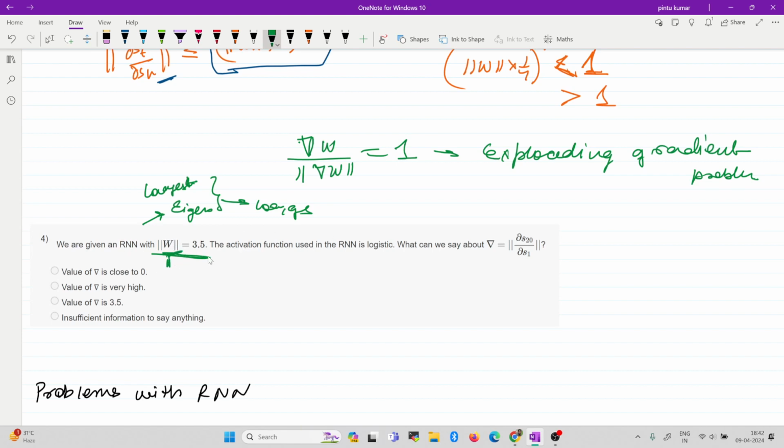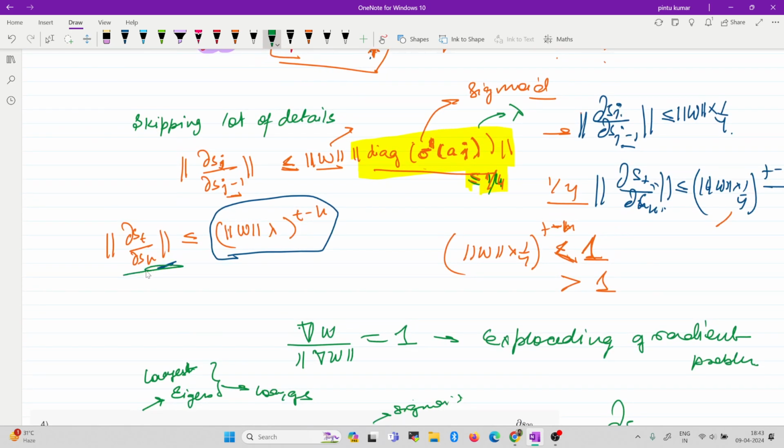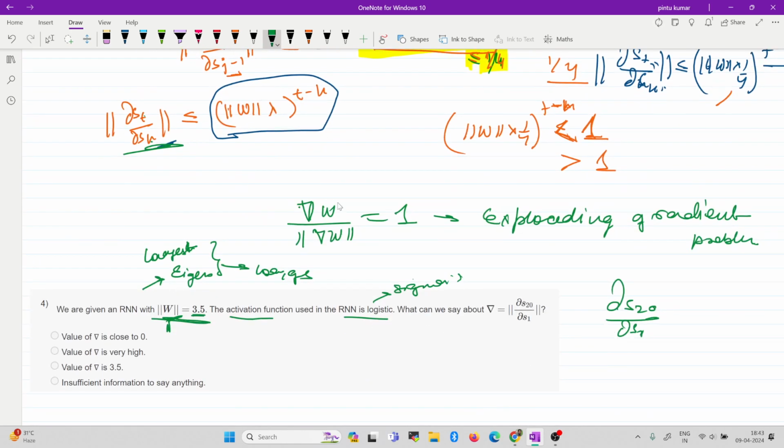So what we are given is that the norm is 3.5. The activation function used in the RNN is logistic, or your sigmoid activation function. What can we say about del S20 by del S1? This was the norm that we had on del St by del Sk. So what was the bound for it?